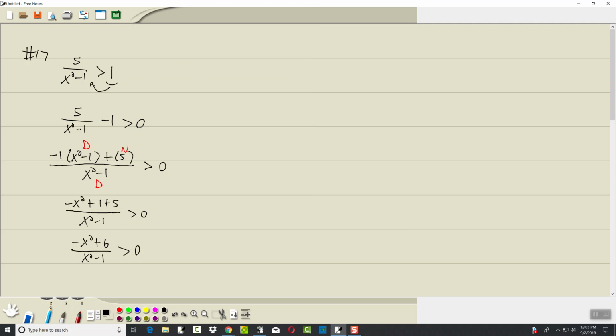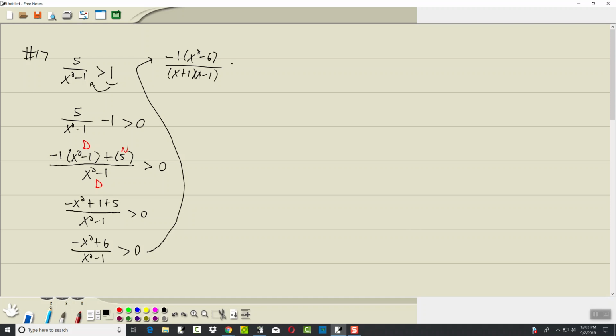Negative 1 times x squared minus 1 plus 5. I'll factor the top, factor the bottom, so I'll factor negative 1 out. This factors as x plus 1, x minus 1.